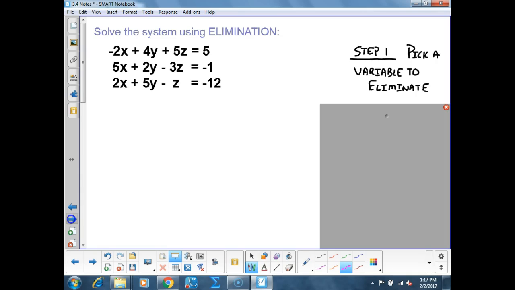Does it really matter? No. Looking at this particular one, if I go with x's, I can add the first and the third equation together, and that would eliminate them. If I go with z, I'd have to multiply the third equation by 5 and add the first one, or multiply by negative. It really does not matter.